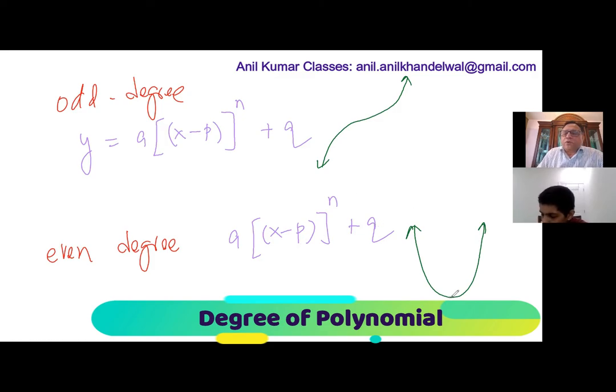For a degree 4, we know that the range will be restricted based on the turning point. So two key parameters which we look into are point of inflection, and this is turning point. Values of both these points is actually PQ.